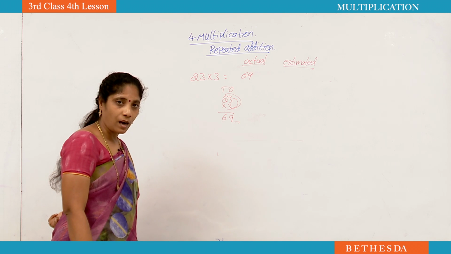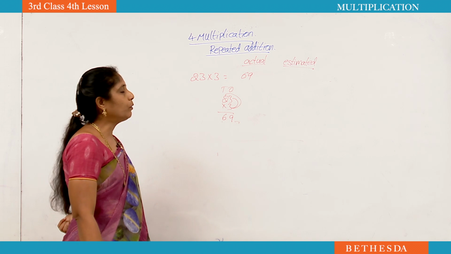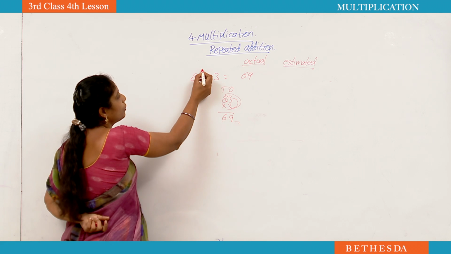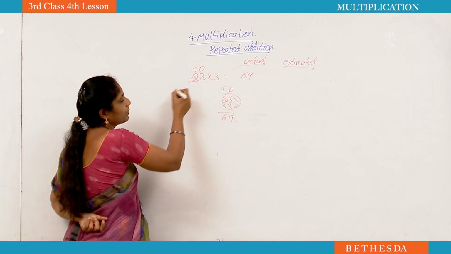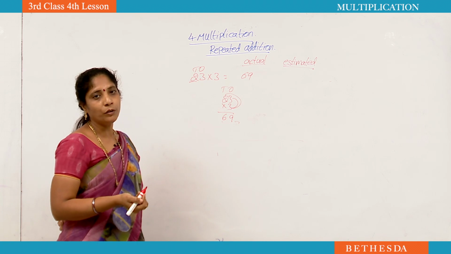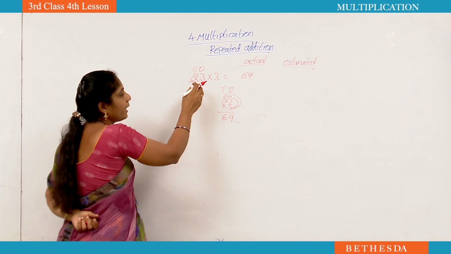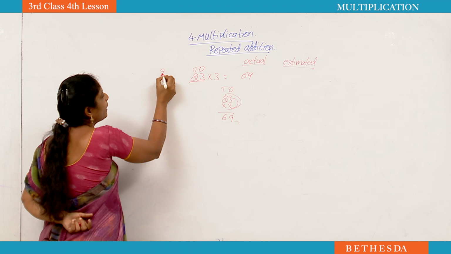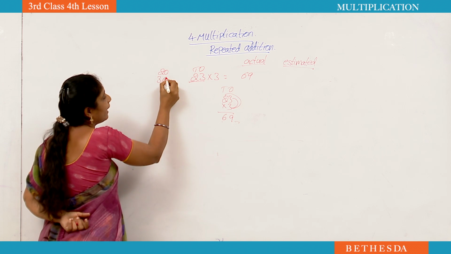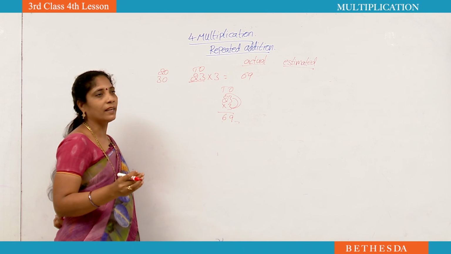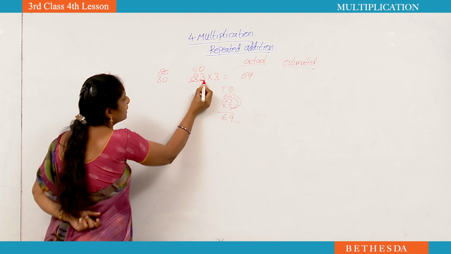Now we are going to find the estimated value. If he did not ask for any place value, we have to round off to the highest place value. Here we only have ones and tens. The highest place value is tens, no? That's why we have to find the nearest ten of 23. Now where will 23 be? It will be in the middle of 20 and 30. Now which number do we have to take, 20 or 30? For that we have to observe the ones place number.